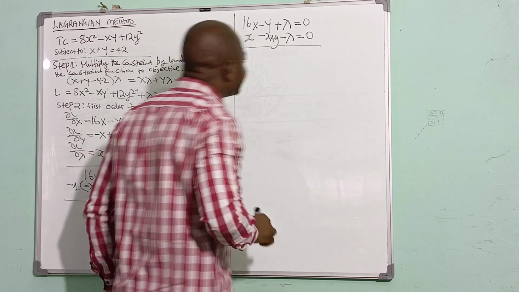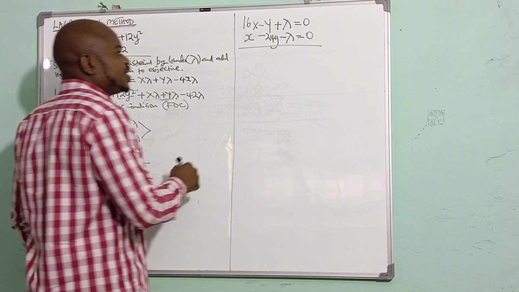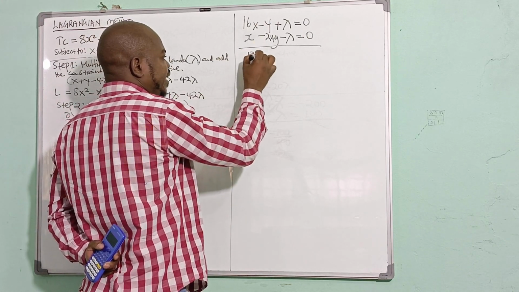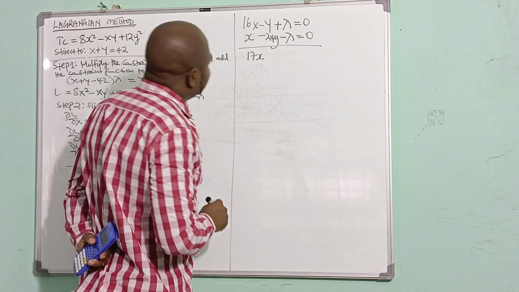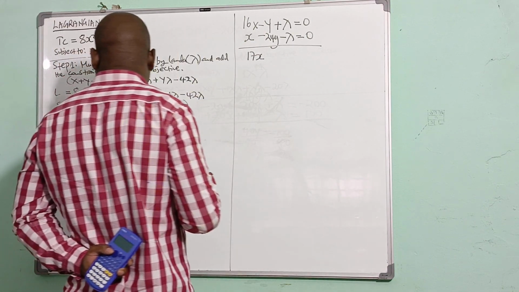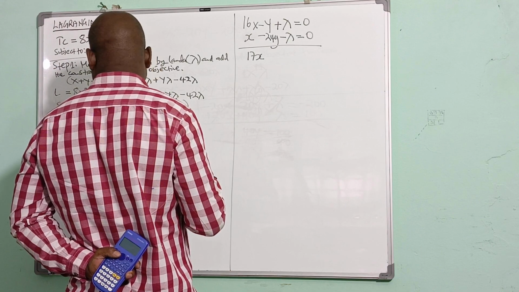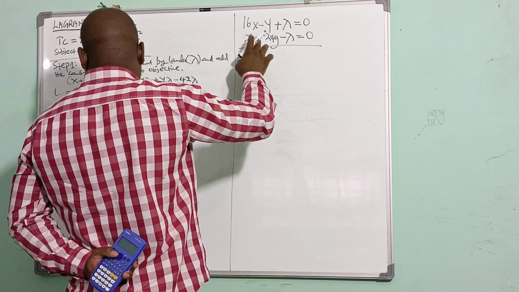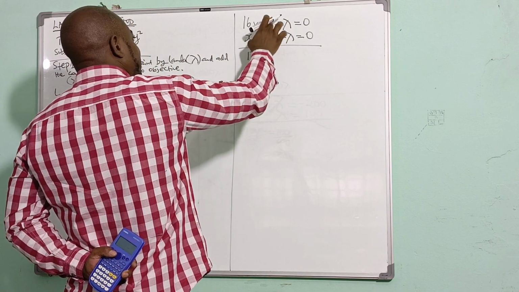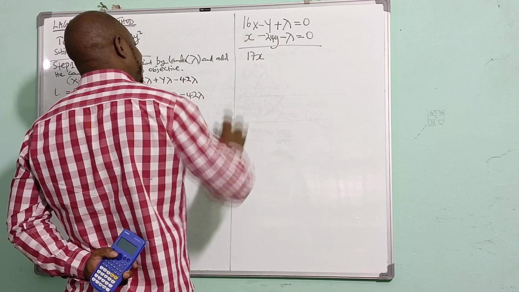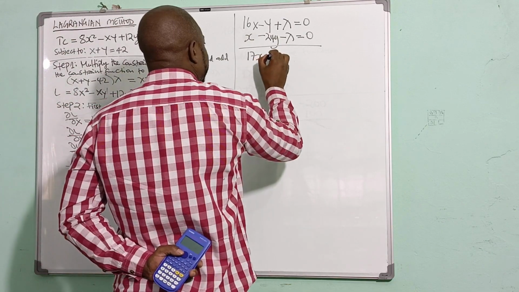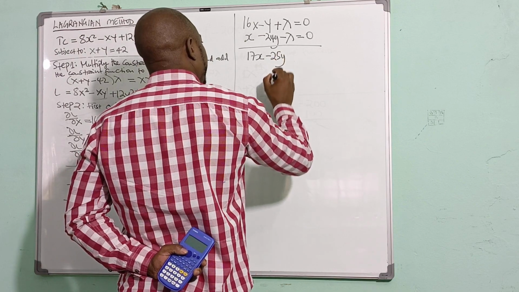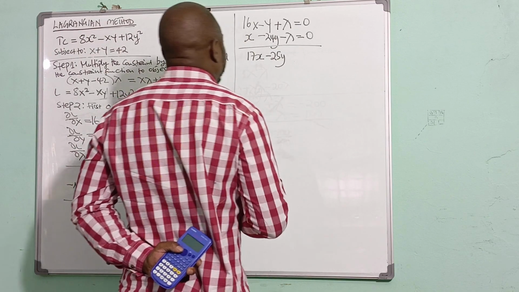So I have that. From here you can see that 16x plus 1x will be 17x, and then negative 1y plus negative 24y will be negative 25y.